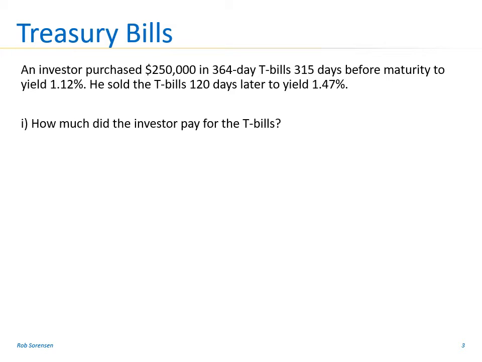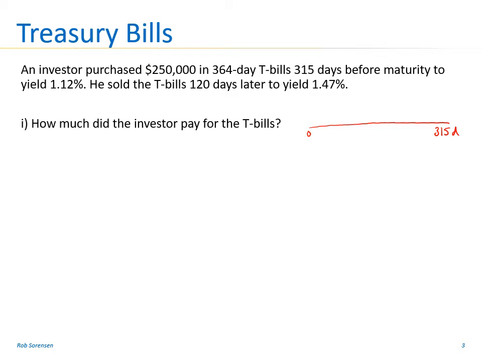Well, let's start with that. In that case, I'm just going to draw a very small timeline for this one. Here we are today, and there were really 315 days until this investor is going to collect.